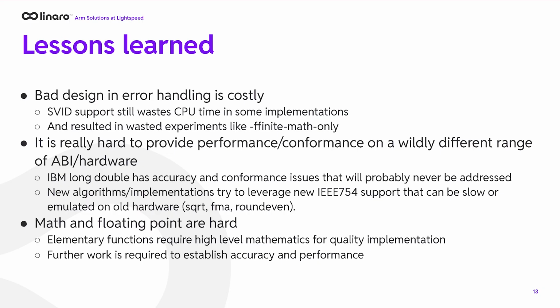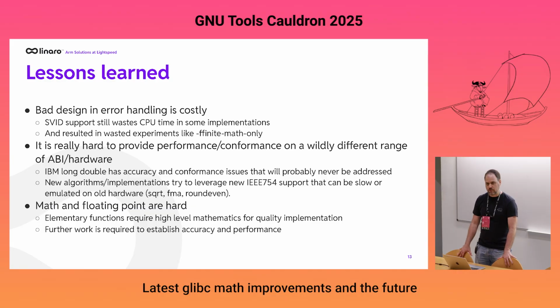So the decision I made on the new implementation was to assume new hardware, and if old hardware complains, we'll see what we can do. But the idea is to optimize for what we have now.